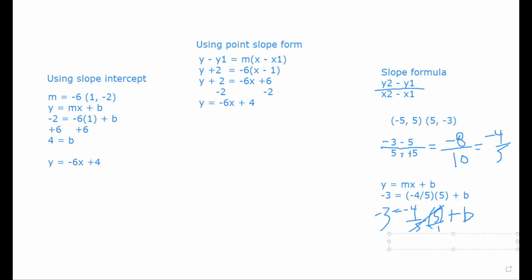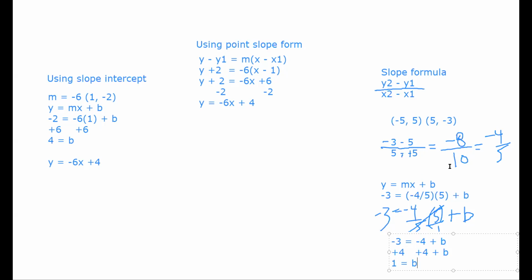So after that, I got -3 equals -4 plus b. Add 4 to both sides. So now I know that 1 equals b.